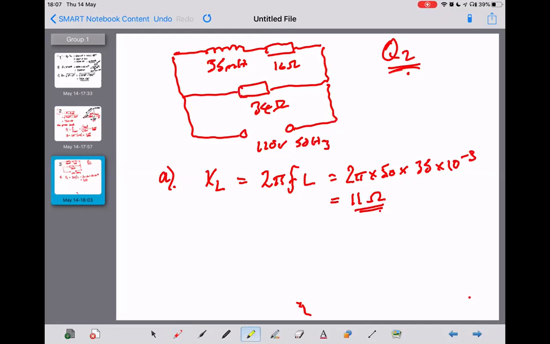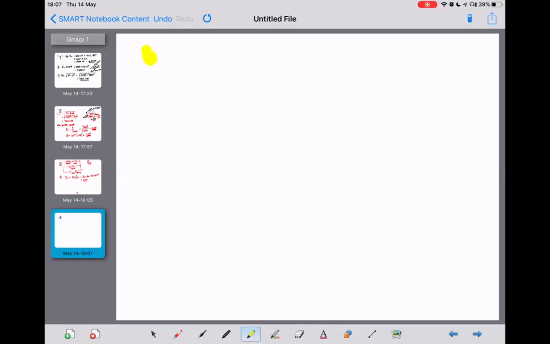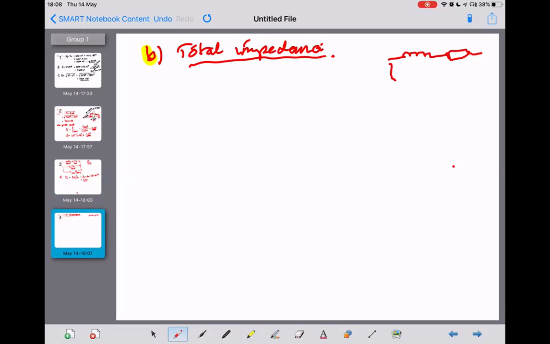All right, B, total impedance. Robbie, where did you go? What I've done is worked out the impedance of the inductor, which I've called ZL: 16 ohms plus 11j ohms.